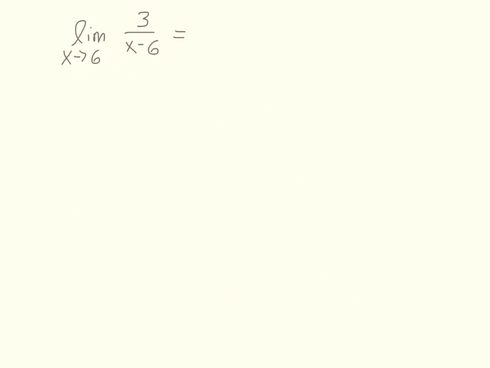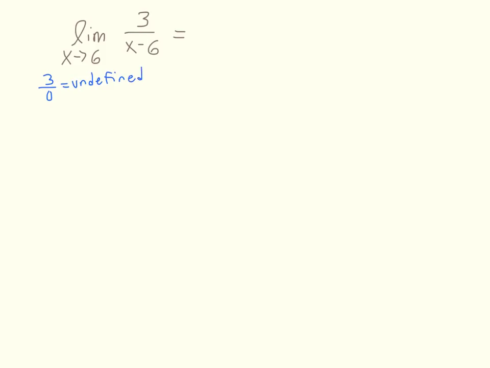So let's take a look at this example here where we have the limit as x approaches 6, and then we see 3 over x minus 6. Well, just like before, we know our first step is direct substitution. If I put a 6 in for x, notice we don't get 0 over 0, but instead we get 3 over 0, which we know is undefined.